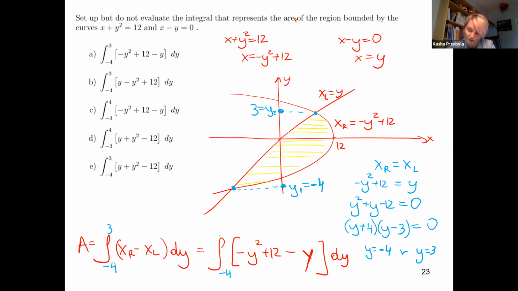Now I can add this. Okay, that means it is option A. It's still a nice integral, that's what we have to know. Okay, that means that's area.